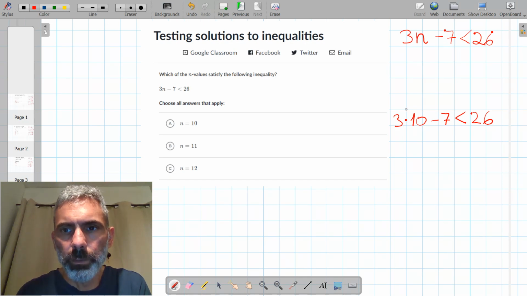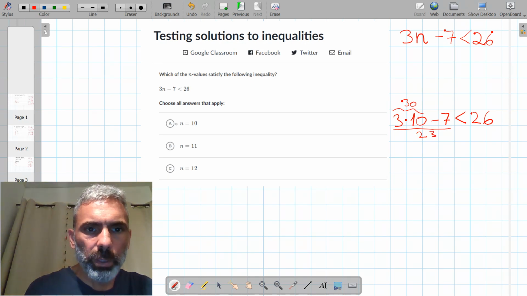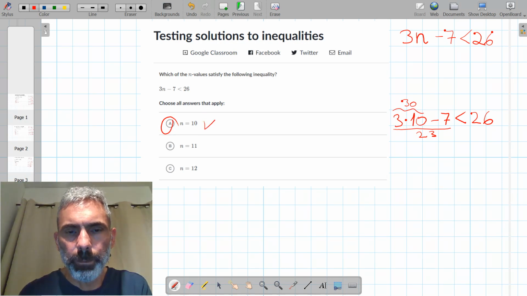Okay, 30 minus 7. So on the left hand side we have 23. 23 is indeed less than 26. So option A is correct.